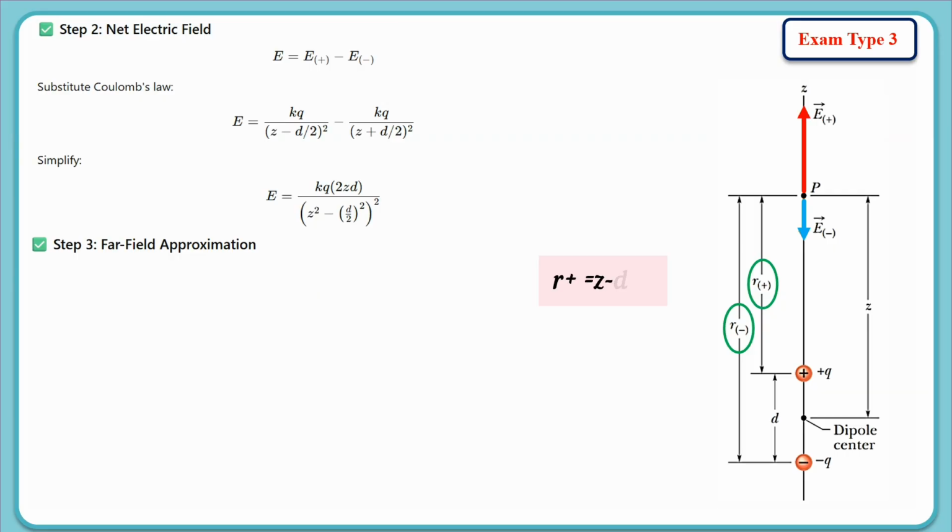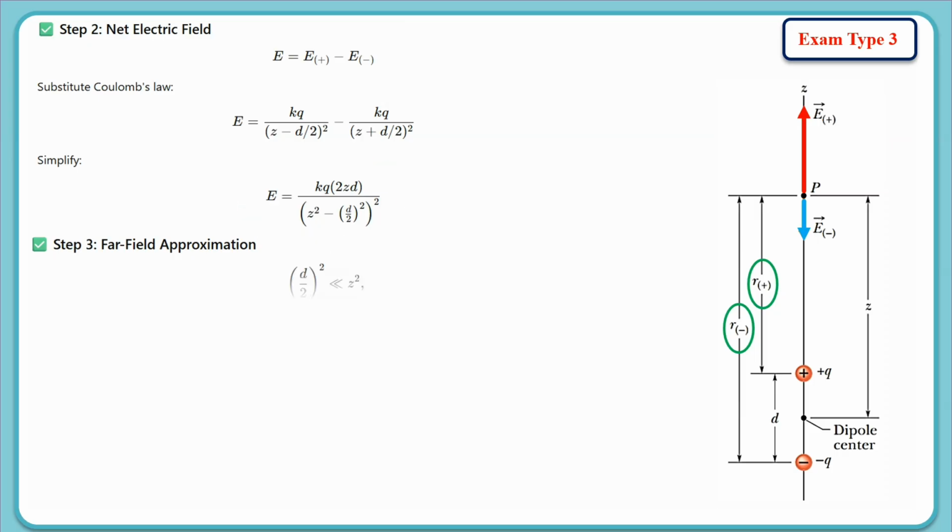From the figure, the distance from plus q to point P is z minus d over 2, and the distance from minus q to point P is z plus d over 2. Now, substitute these distances into the electric field equation for each charge. After simplifying, we obtain the exact expression shown on the slide.